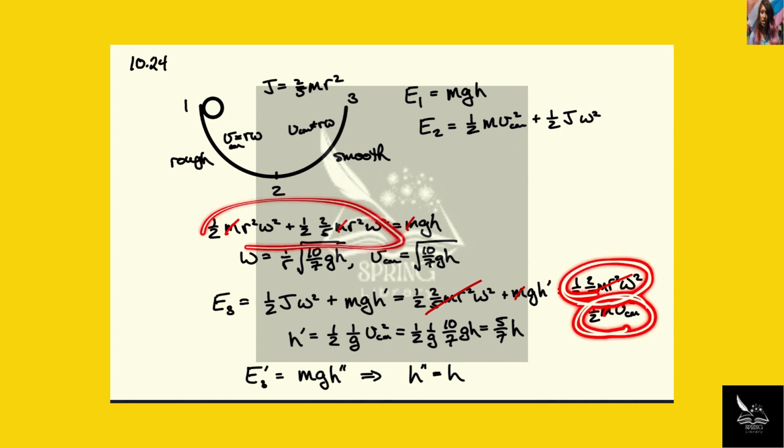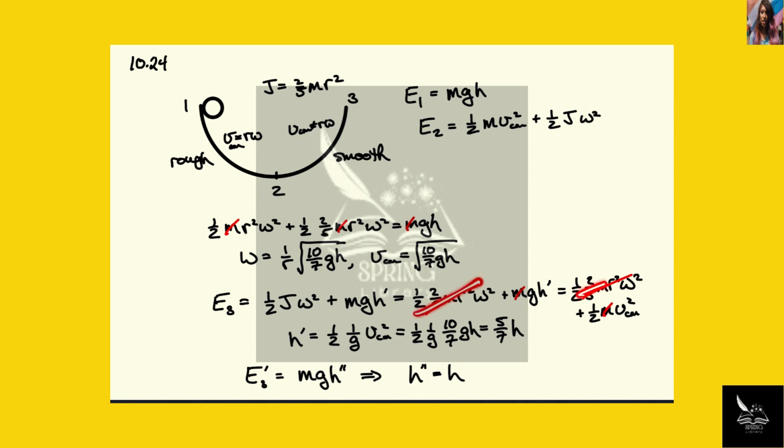I plugged in j here. Now we can see that this term and this term cancel out, because the rotational energy doesn't change as it goes up this side.